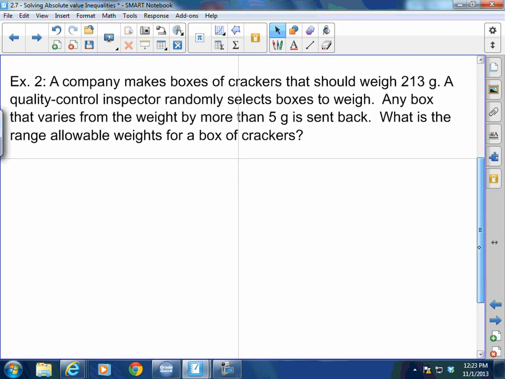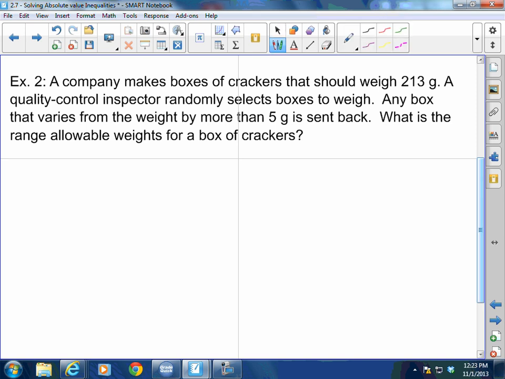For example, a company makes boxes of crackers that should weigh 213 grams. A quality control inspector selects boxes to weigh. Any box that varies from the weight by more than 5 grams is sent back. What is the range of allowable weights for the box of crackers?